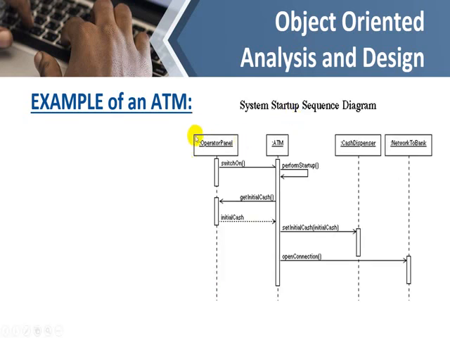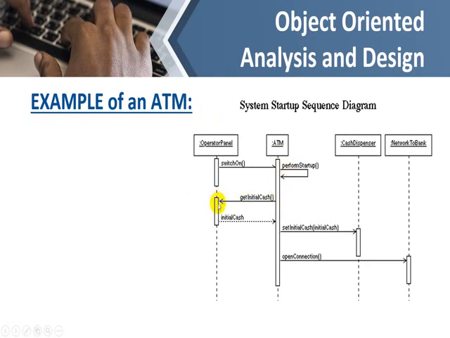Again, here is another option, that is the operator panel. It is an object, it is an interface, and from this panel we want to turn on the ATM machine. So the switch on message goes to the ATM. The ATM performs a self test, right? This is with itself, and then it tells, okay, I'm on.